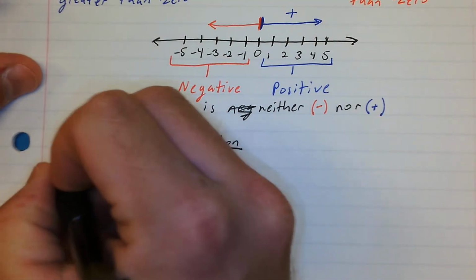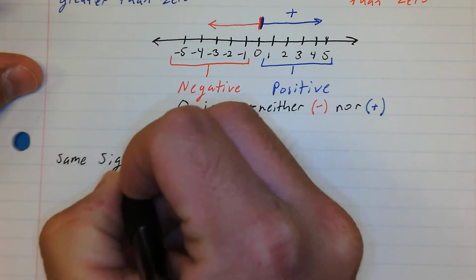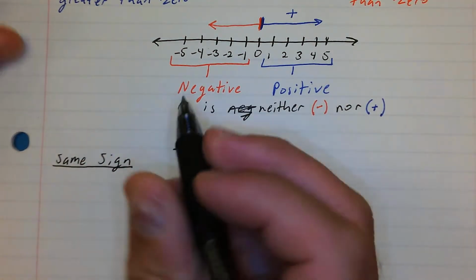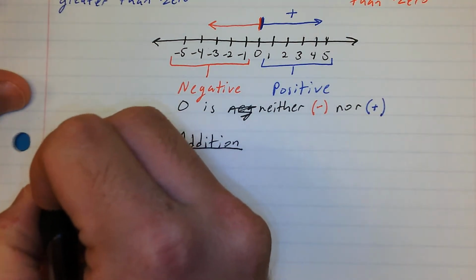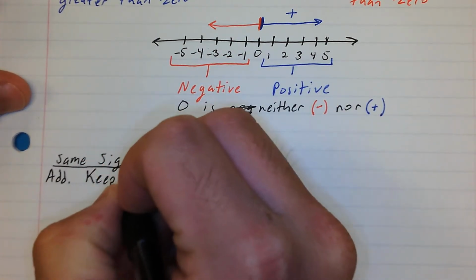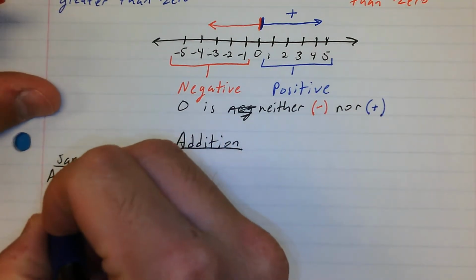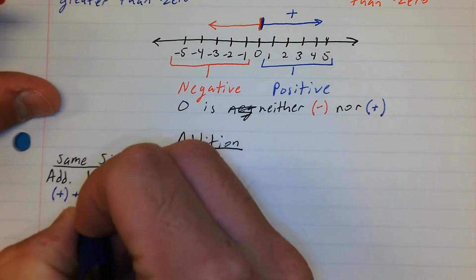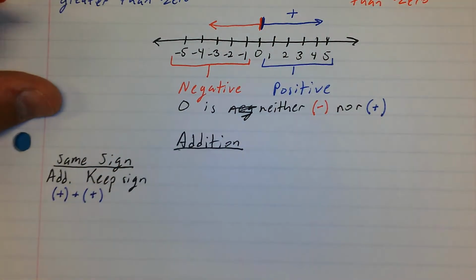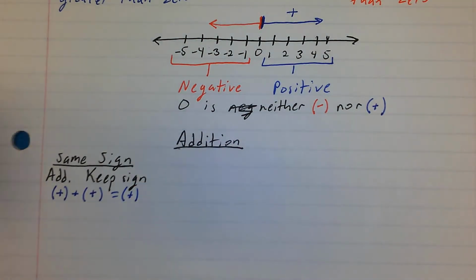So in addition, if two numbers that you are adding together have the same sign, you're going to add them and then keep the sign. So for example, if both numbers are positive and we add them together, then the answer is going to be positive.